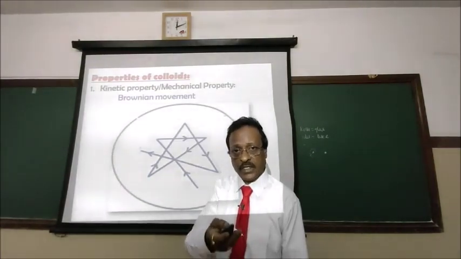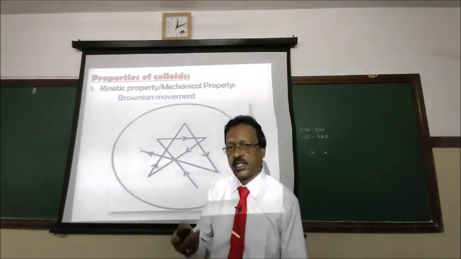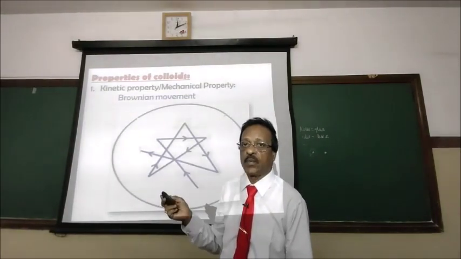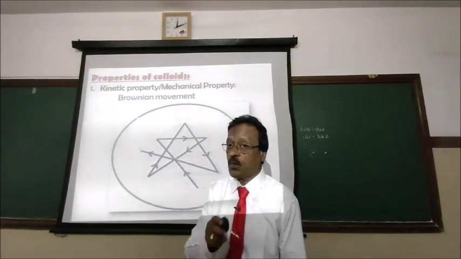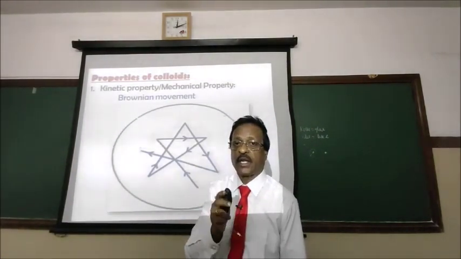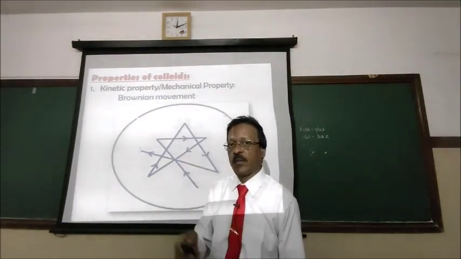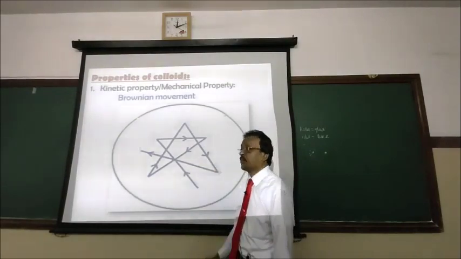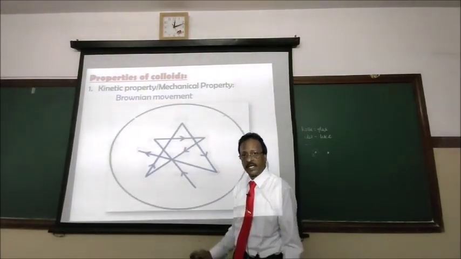Thereby colloidal particles gain kinetic energy and move randomly in all possible directions in a zigzag manner. The colloidal particles overcome the force of gravity, don't settle at the bottom, and are suspended in the dispersion medium. This is the interesting kinetic property of colloids.